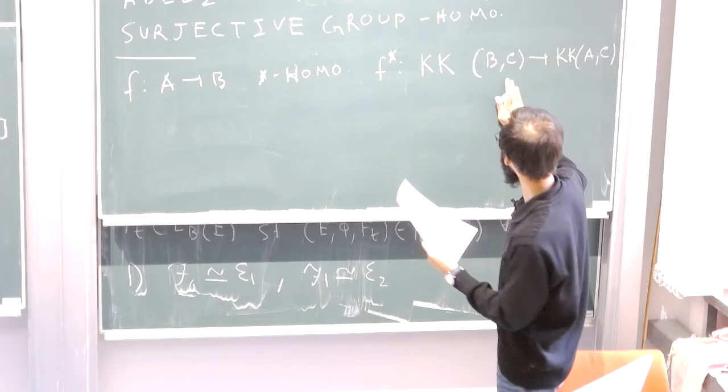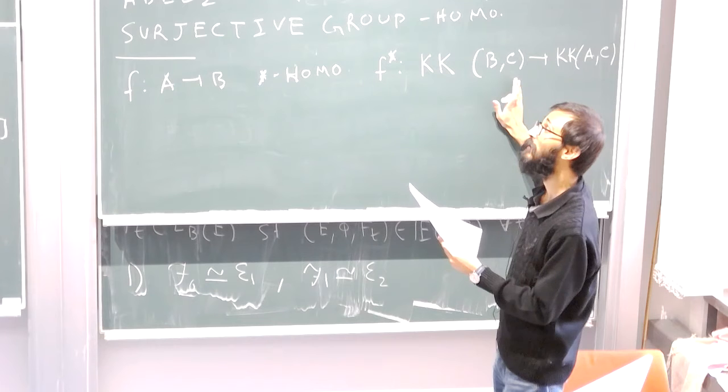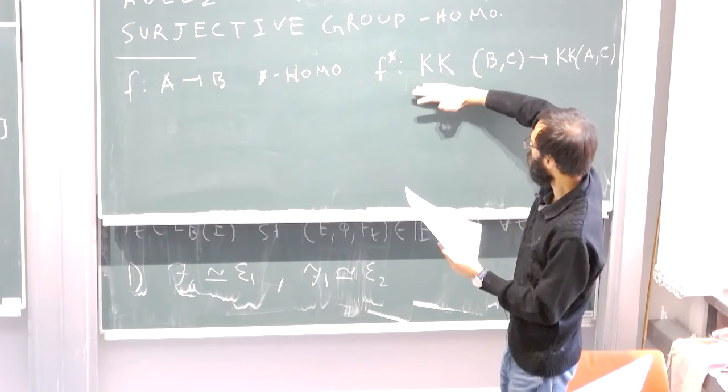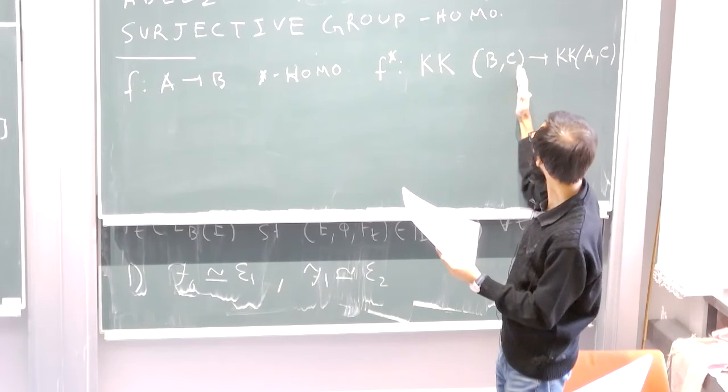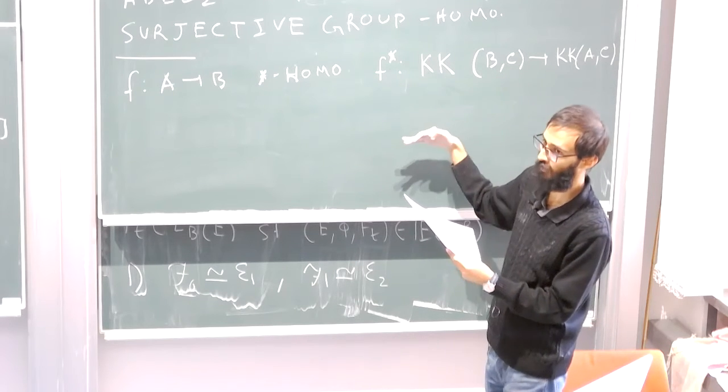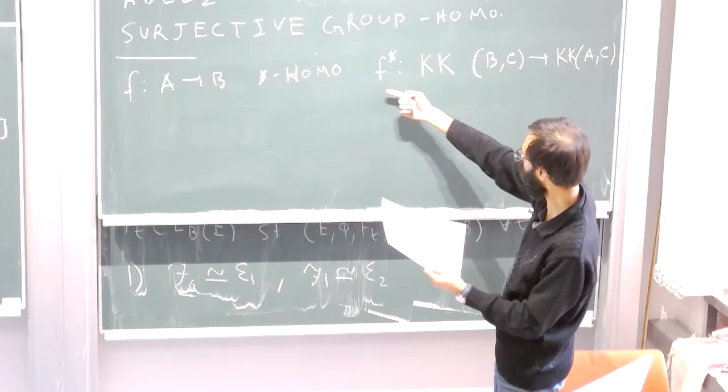So if you fix C, then in the usual case, suppose it is Hom, and you fix the second leg, it should be a contravariant functor. In this case, it is also a contravariant functor.